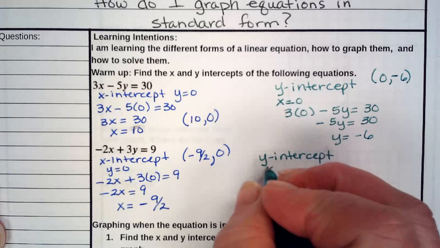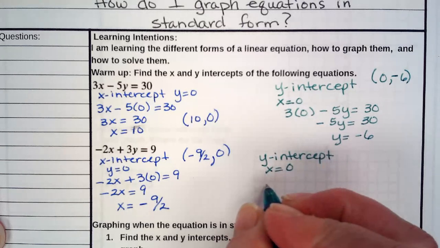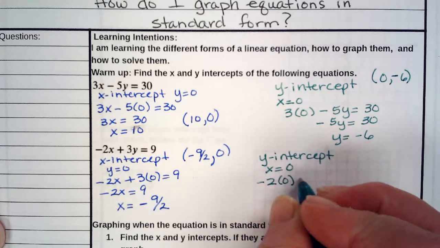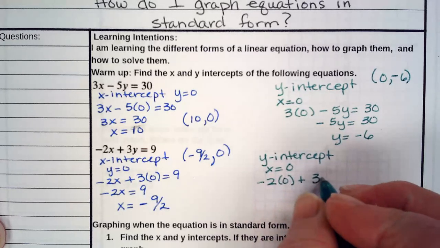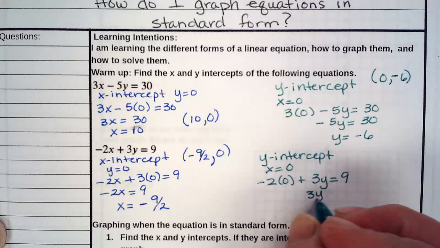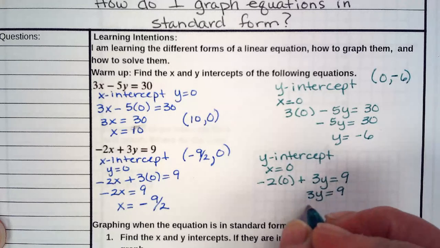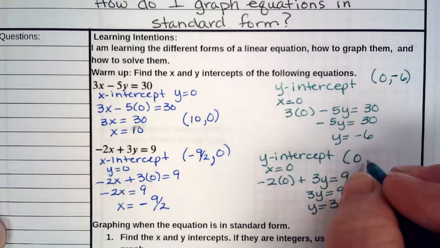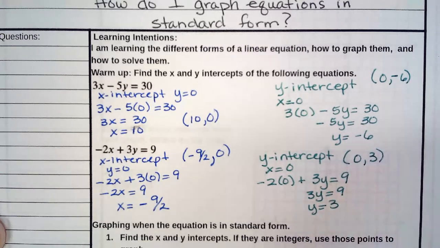That is where x is equal to 0. We've got negative 2 times 0 plus 3y is equal to 9. 3y is equal to 9, and y is equal to 3. So this would be the point (0, 3).